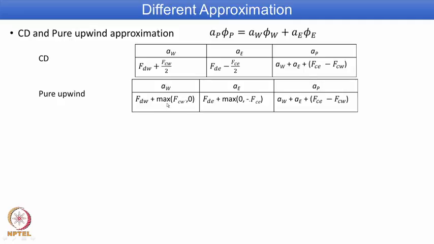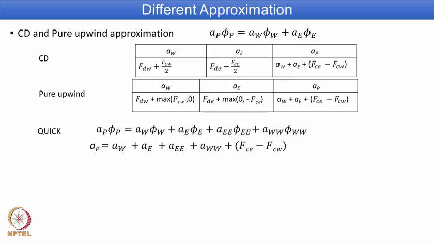For example, AW is written here as FDW plus max of FCW comma 0, which means if the flow direction is from left to right, then it is positive with respect to the coordinate direction, and the max condition will result in considering FCW. Similarly for the other coefficient, and as observed in the CD scheme, AP is again the summation of neighboring coefficients plus an additional term.